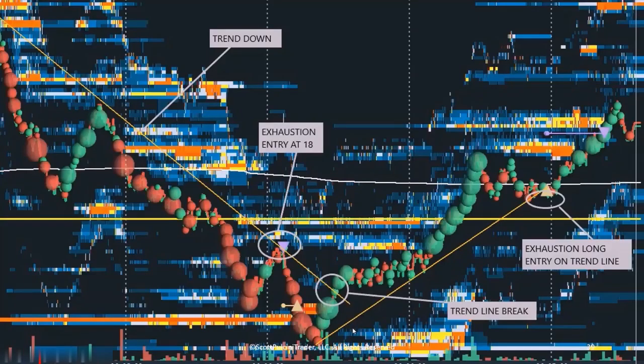Ideally, I always like to fade moves instead of entering with market orders or stop orders, joining in the volume. Because again, if I would enter here, my risk would be below this volume cluster, and I'm not comfortable with that.